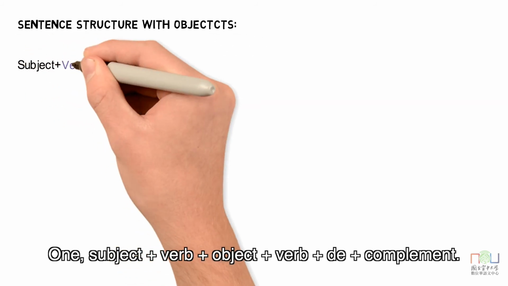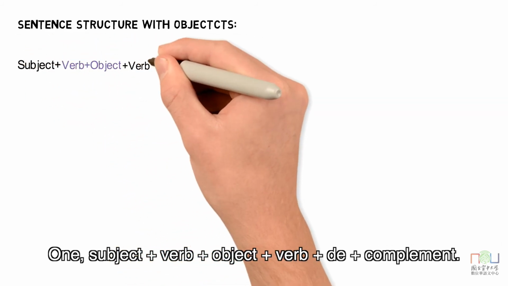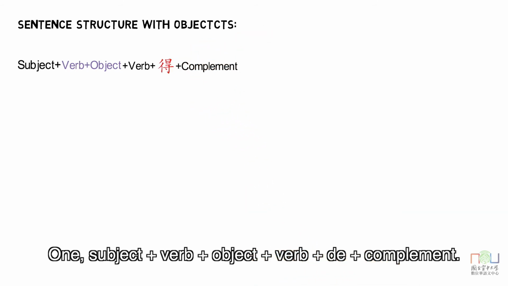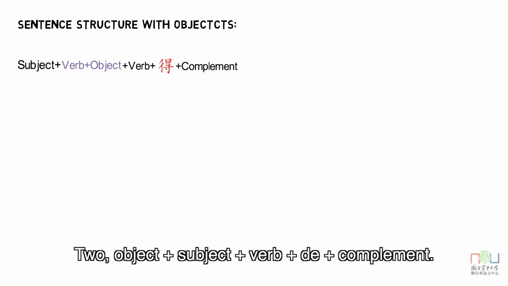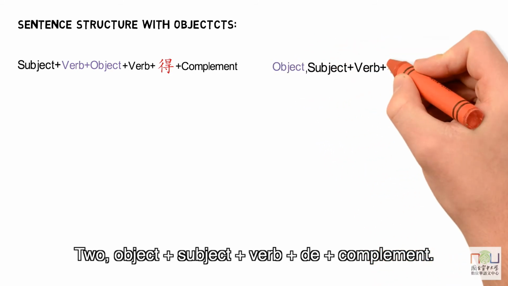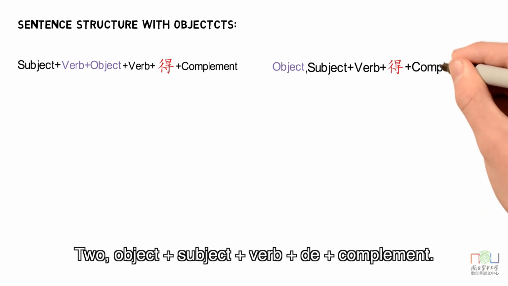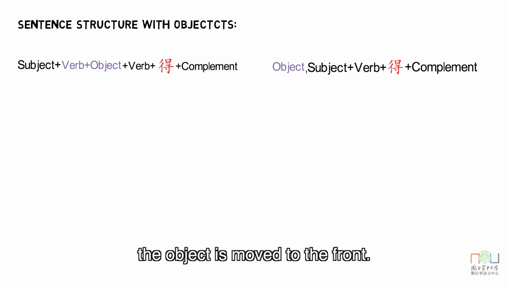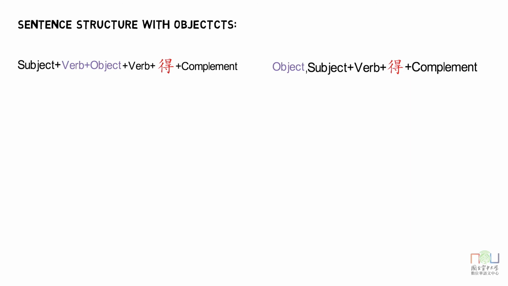Subject plus verb plus object plus verb plus 得 plus complement. 2. Object plus subject plus verb plus 得 plus complement. In the first structure, the verb is repeated. In the second one, the object is moved to the front.